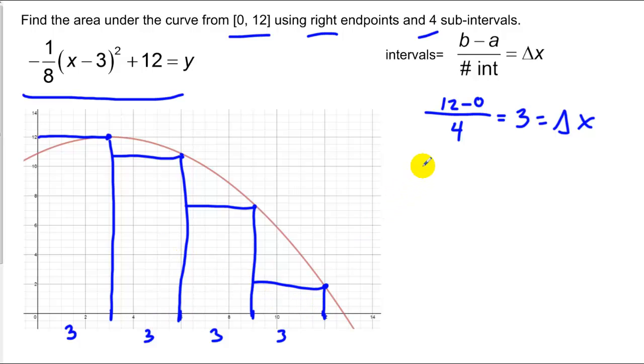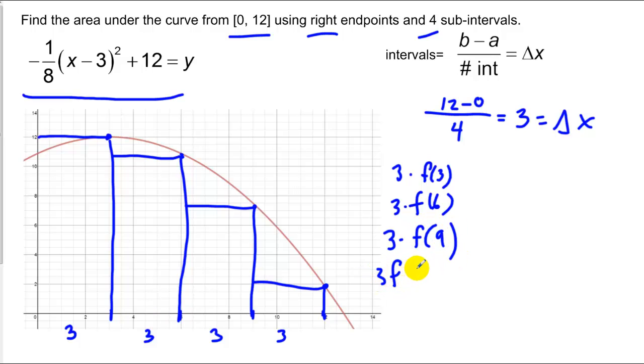and now I'm going to calculate those areas by taking 3 times f of 3, times, in this case, f of 6, 3 times f of 9, and 3 times f of 12.